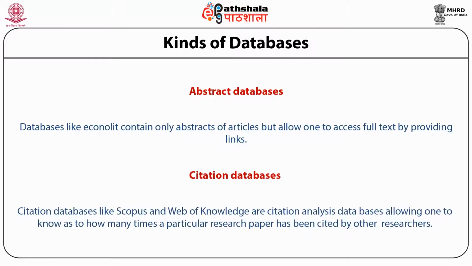Citation databases like Scopus and Web of Knowledge are citation analysis databases allowing one to know how many times a particular research paper has been cited by other researchers. These citation databases play a key role in evaluating the contents of research and also in knowing how much impact has been created by these papers, by knowing how many times these research papers or articles have been cited by subsequent researchers.